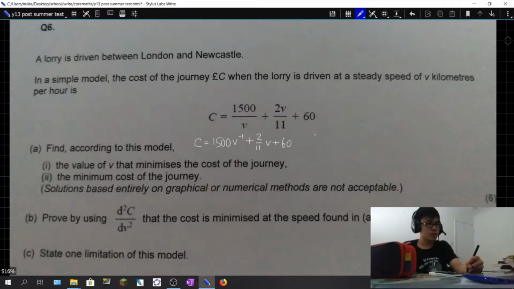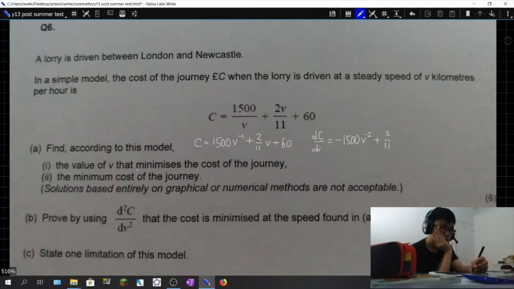If you differentiate that, dC/dv is going to be, well, you take this power, times it by that, and then subtract 1. So you're going to get negative 1500 v to the negative 2, plus, this goes away, so 2 over 11. And it minimizes the journey, so it's at a turning point, so the rate of change is going to be 0 temporarily, so you want to make that equal to 0.